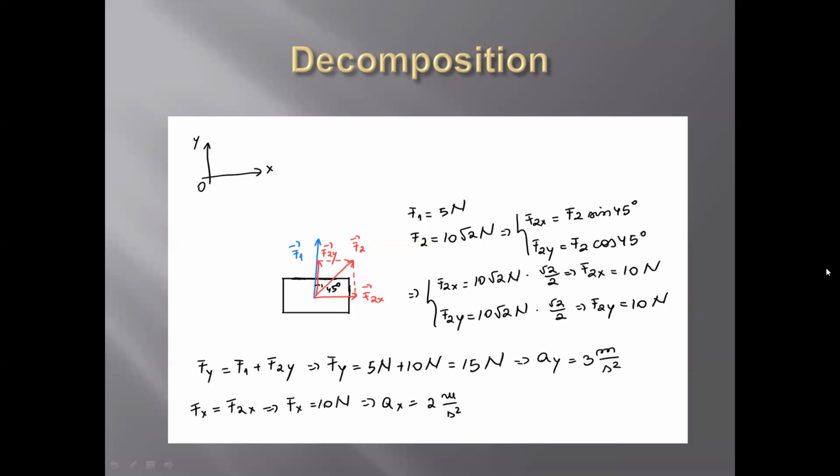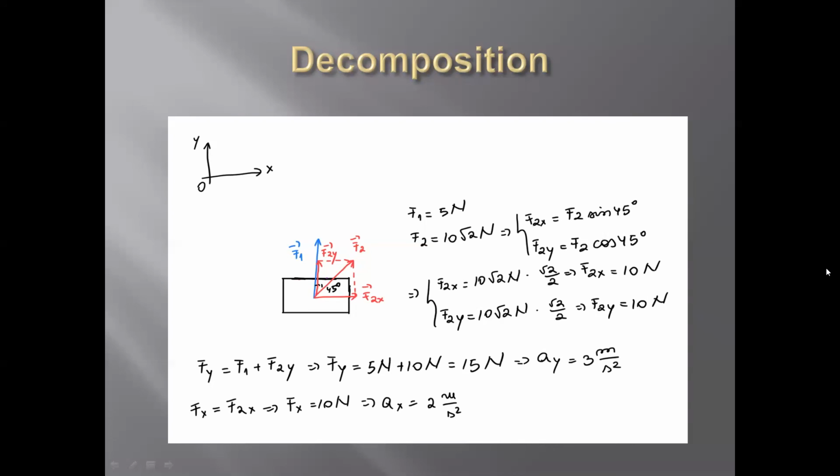Now that we already have forces along the axes we considered, it is easy to compute the respective net forces and find the corresponding acceleration for a mass of, let's say, 5 kilograms. For the y direction, we see that we have two forces, that would be the whole F1 and the y component of F2. And since they are parallel, we can just add them as we would add any quantities algebraically and obtain 15 newtons.